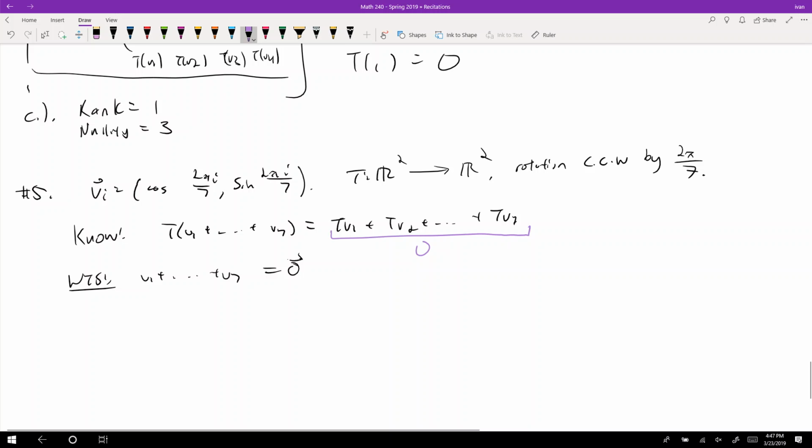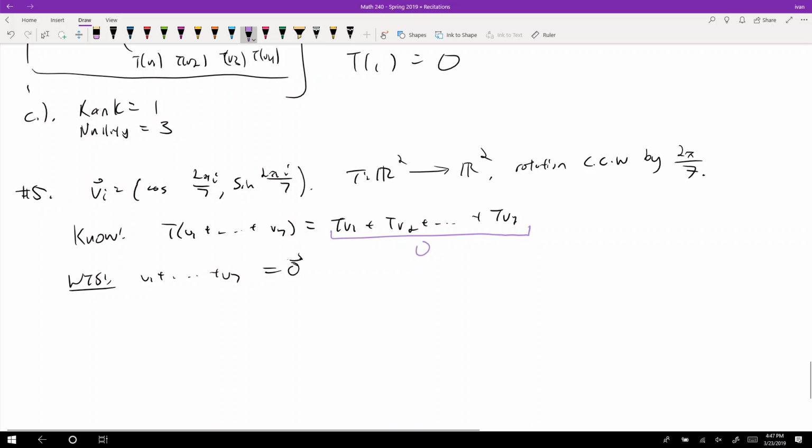Exactly. So we know that after we rotate everything, everything stays the same. That's what's going on right now. The only vector that stays the same after rotation is the 0 vector.